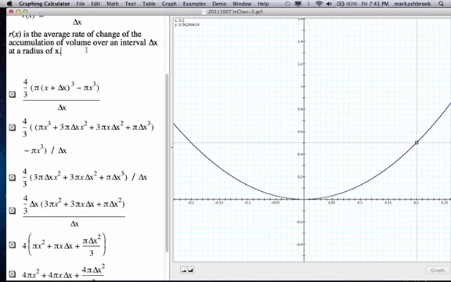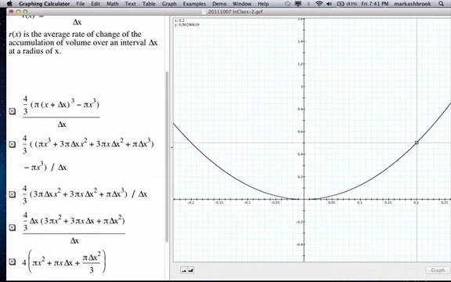This is our rate of change graph, and so we have the ordered pair 0.2 and 0.503. So what does this ordered pair mean? What is it signifying? Well, we know that this is our x value, and it's the radius. So we're saying for a sphere with a radius of 0.2 and whatever unit that is, so let's say inches. So the sphere has a radius of 0.2 inches.